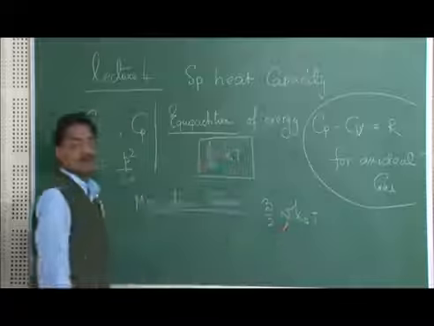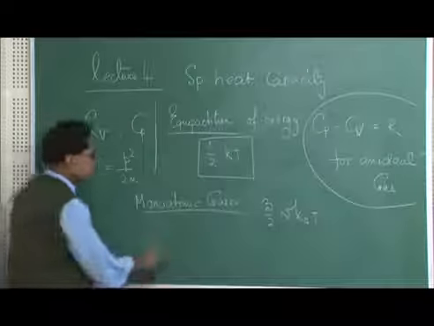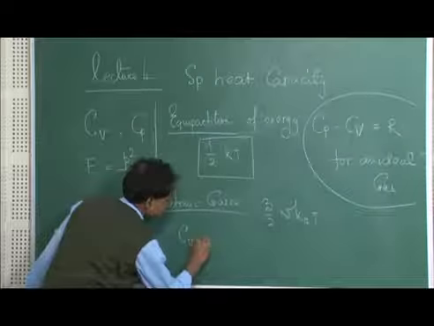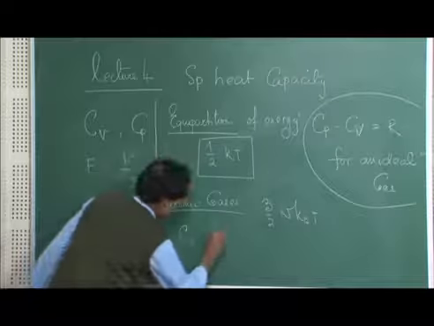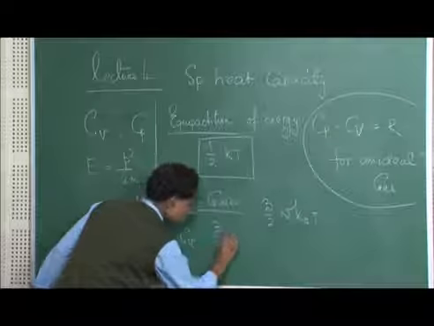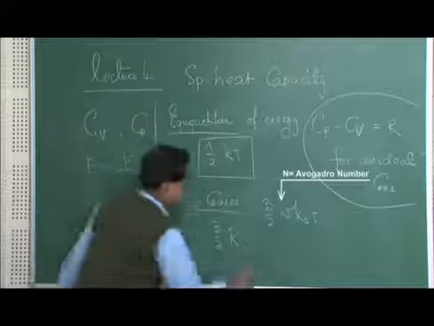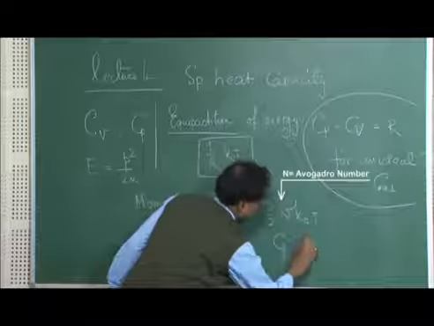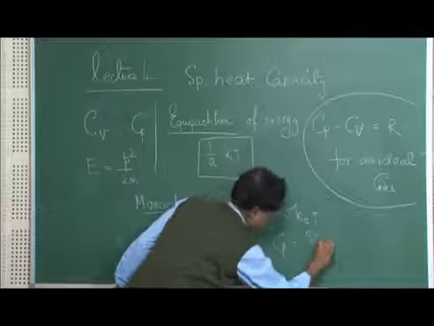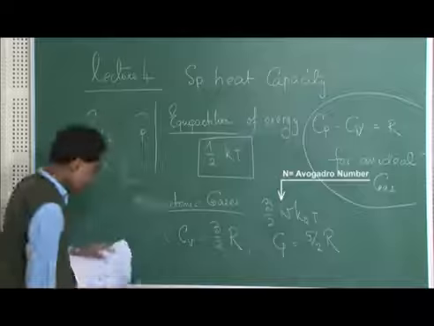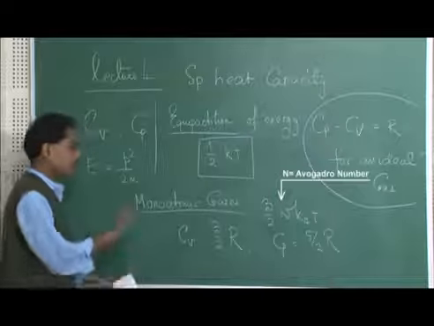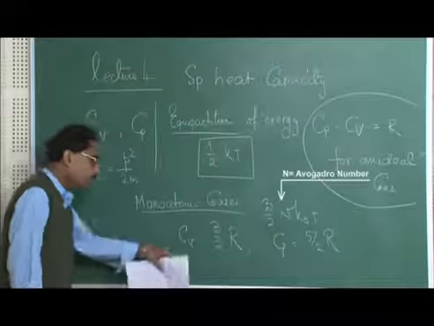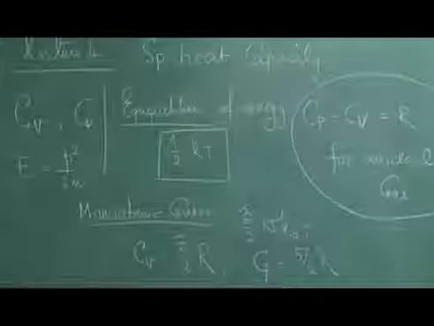N is the total number of molecules. So, I found out CV should be equal to 3 by 2 R and CP is equal to 5 by 2 R. So, this is the simplest situation where we can have only translational degrees of freedom.